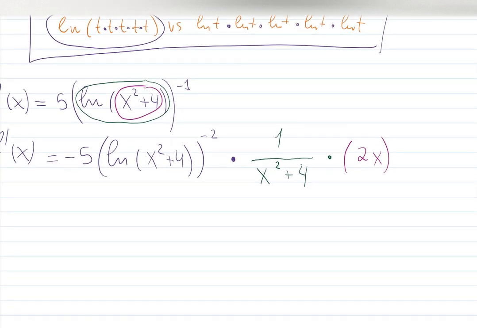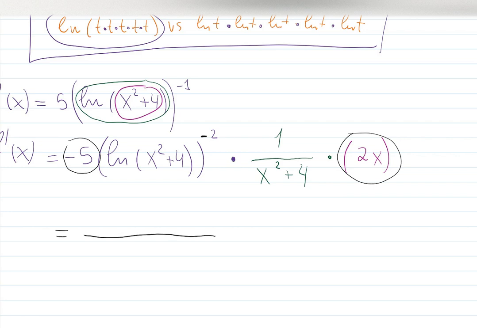This can be simplified to, let's put everything we have as a product to the numerator, -5 and 2x, and everything you have with a negative exponent, let's put it in the denominator.